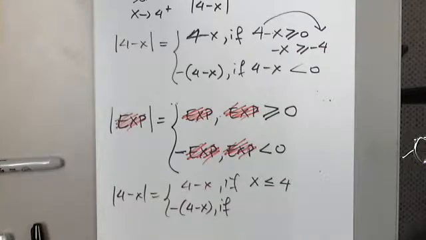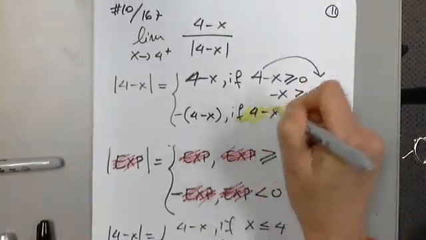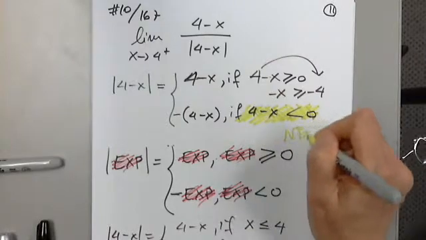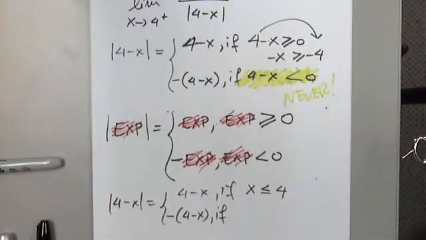Here's the point I'm trying to make. Please watch this. Do not ever solve this inequality. Never. Do not bother with it. Do not spend time with it, and you may still make a mistake. If this is less than or equal to 4, what should this be?